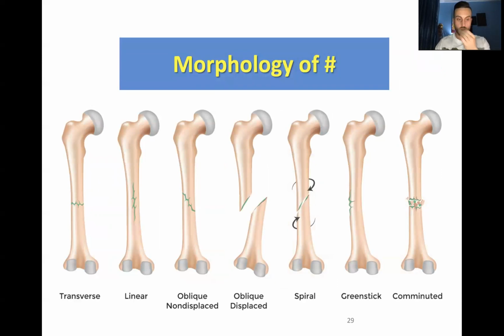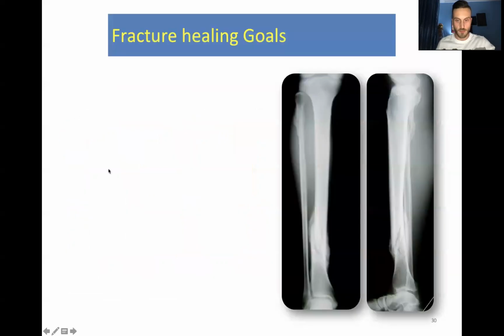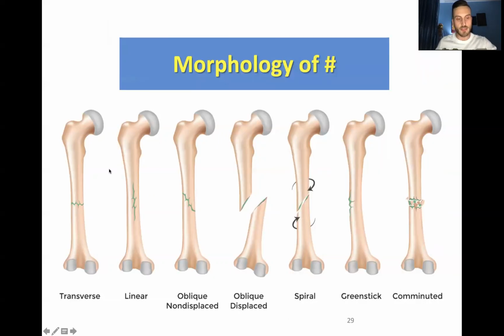For the morphology of any fracture, you have, for example, this transverse fracture. Usually with a transverse fracture, you take an axis. This is the axis of the femur, and this is the axis of the fracture. If the angle between the fracture and the axis of the femur is less than 30, this is called transverse.